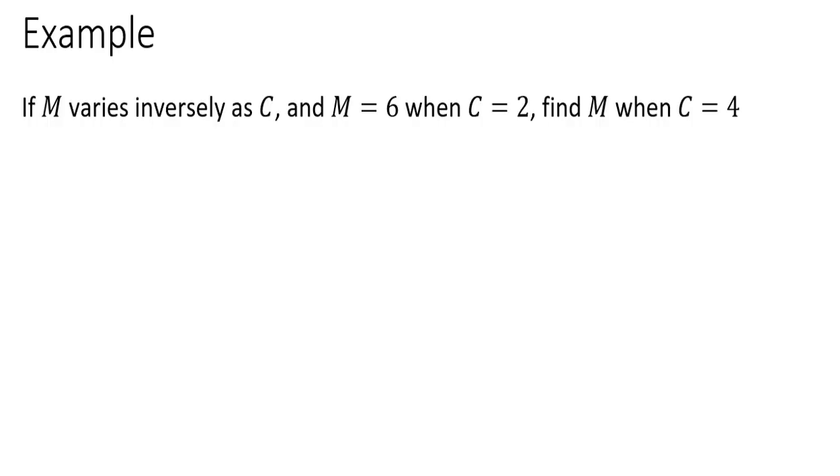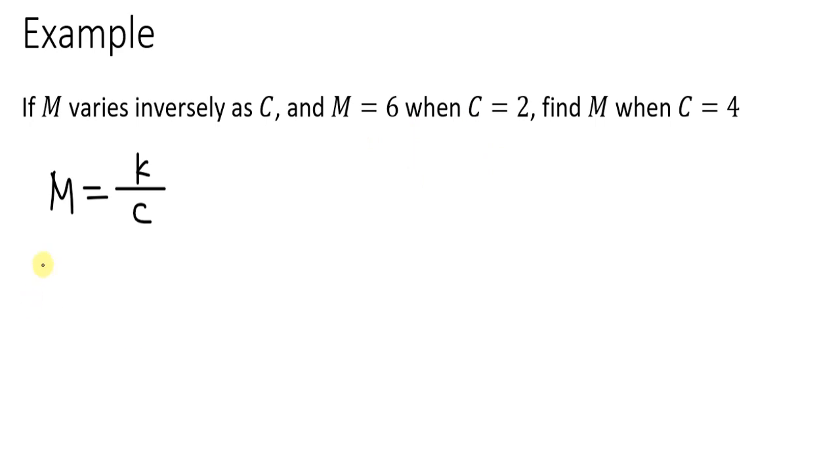For example, if m varies inversely as c, m is equal to 6 when c is equal to 2, find m when c is equal to 4. So, unahin natin yung m varies inversely as c. So, ibig sabihin yan, m is equal to, dahil inversely, so that is k over x or k over c. Okay, so m is 6 when c is 2.